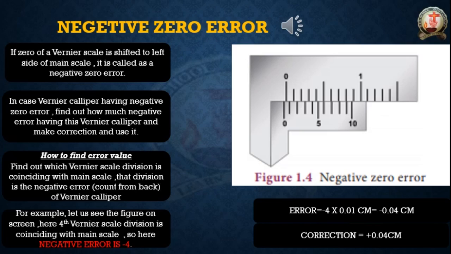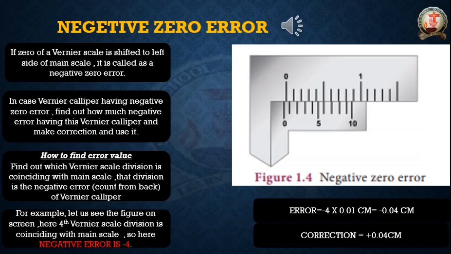But you have to count from the back. In the previous case, positive error, we counted which vernier scale division is coinciding with the main scale, from 0 onwards, 0, 1, 2, 3, like that, in the forward direction.